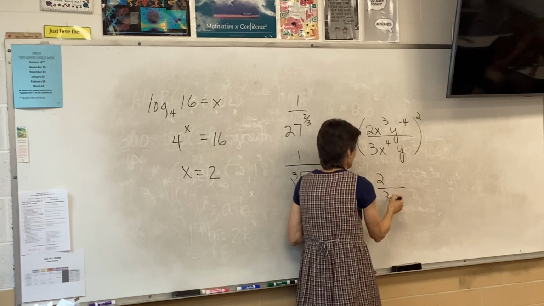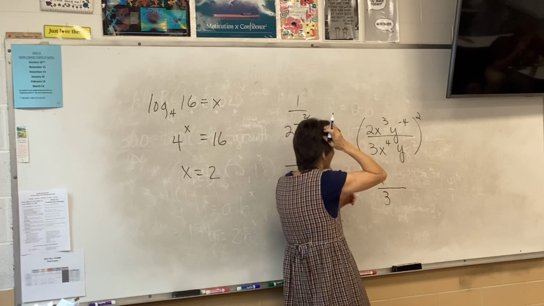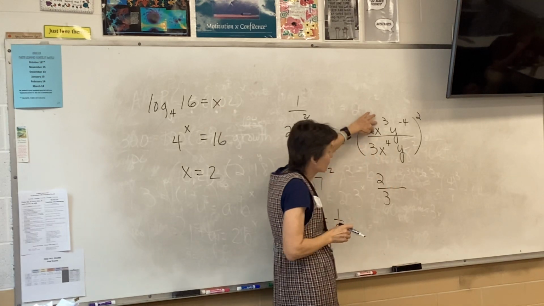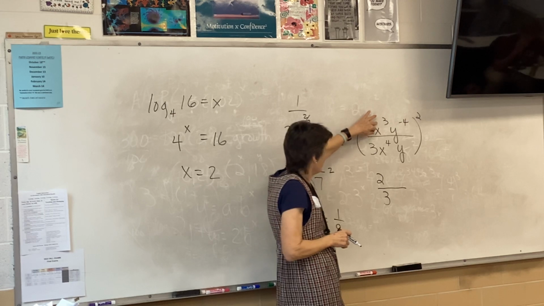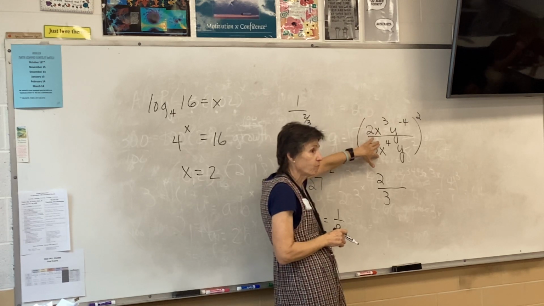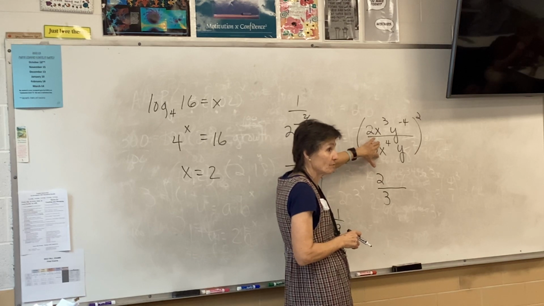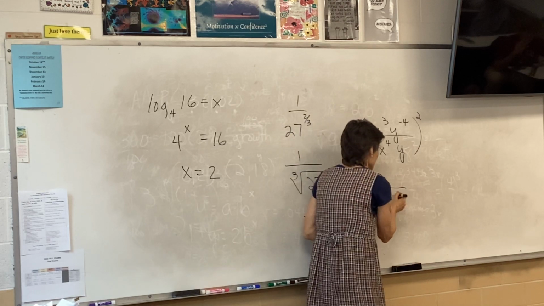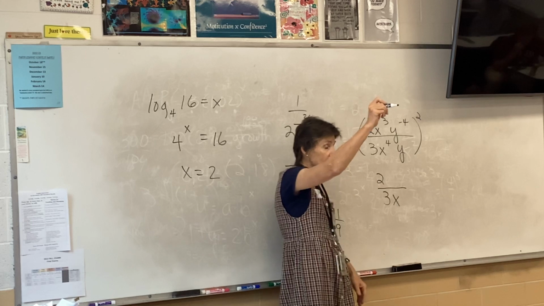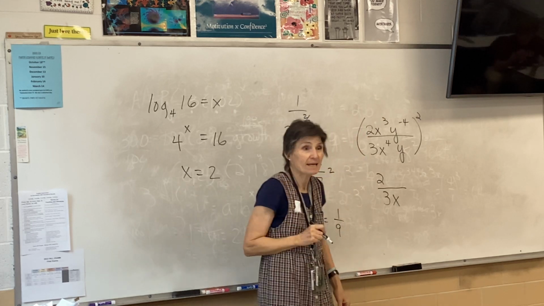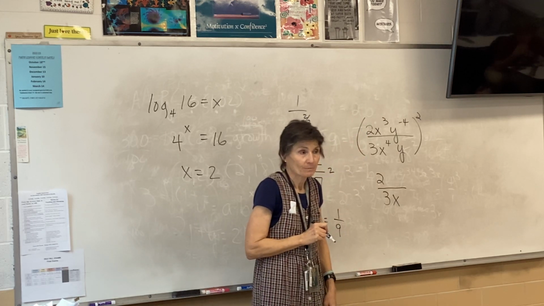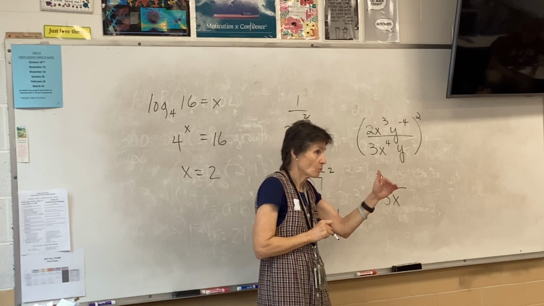So I can't do anything with the 2 and the 3. But what happens when I have 3 x's on top of 4 x's? I'm gonna have 1 left over on the bottom. Because x's on top of x's cancel each other. But there's 1 extra one on the bottom.